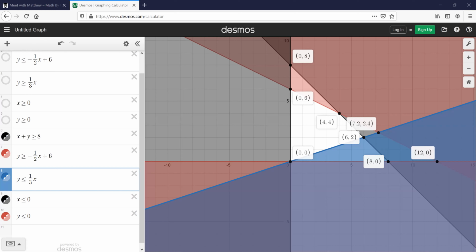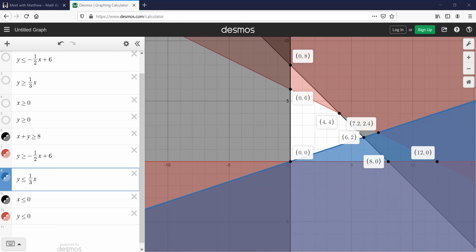So the vertices are, and I'm gonna share the workspace again, but it's 0, 0 right there at the lower left, and then 0, 6. And then there's this one where the two lines intersect at 4, 4. And then there's another one over here at 6, 2.